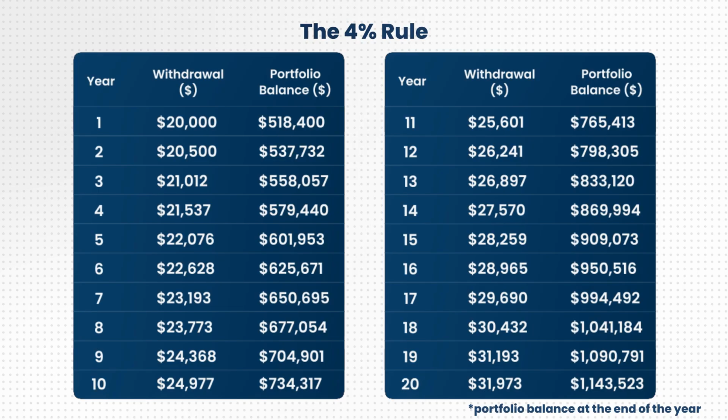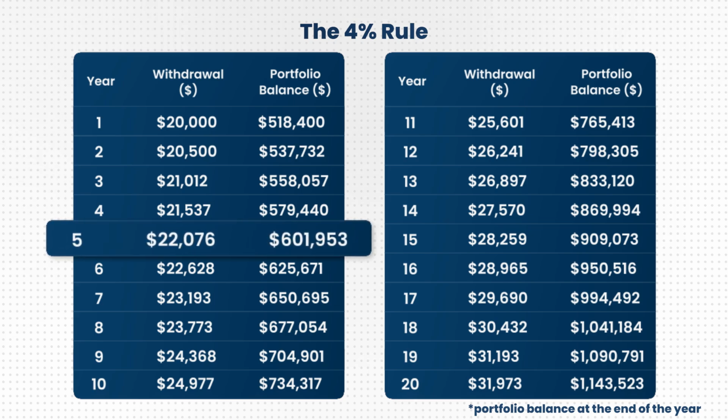So using all of our previously stated assumptions, let's see how this scenario would play out following RMDs or the 4% rule. Let's first start with the calculations based off the 4% rule. Over the course of the retirement, withdrawals would slowly be increasing, but so too would the portfolio's value. 5 years into retirement, the annual withdrawal would be about $22,000, and the portfolio would have grown to a value of nearly $602,000.